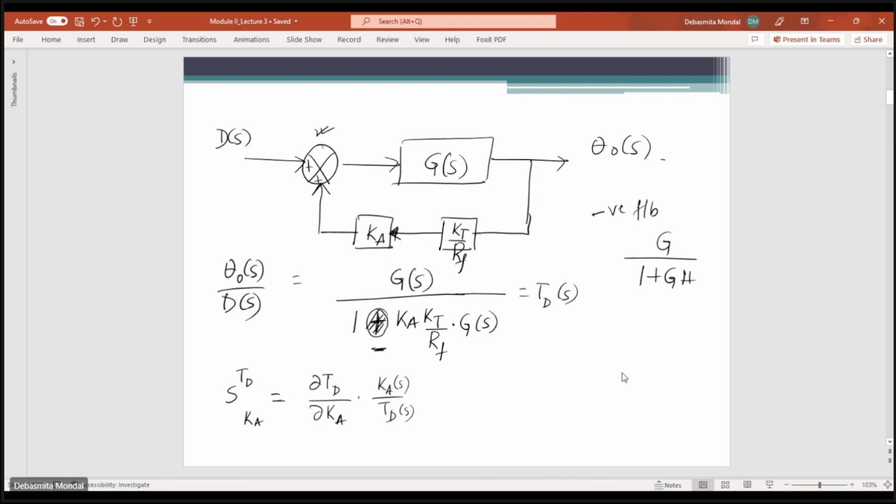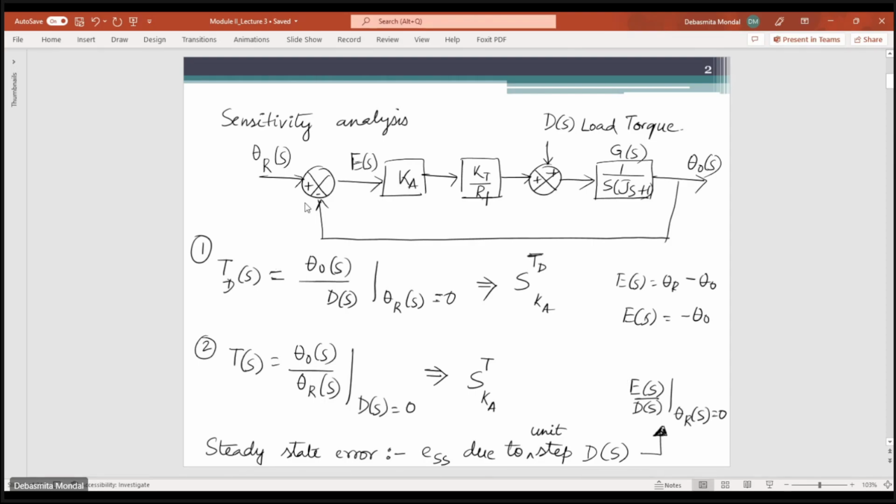Since theta 0 is connected to the negative terminal, even though theta r is equal to 0, the input to this block Ka is not plus Es. The input to this block is minus theta 0.